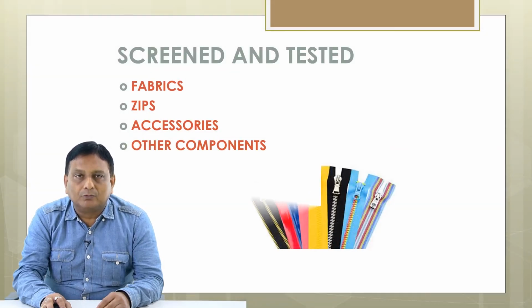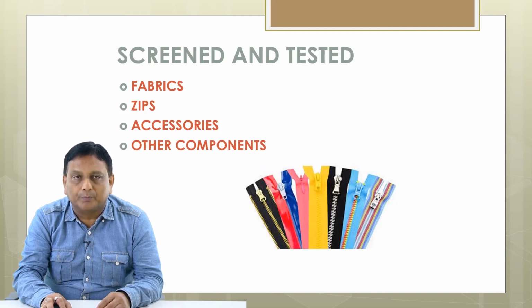If we really want to screen and test the particular chemical formulations, they come on the fabric, on the zippers, on the different accessories or other components used in the production of the garment.